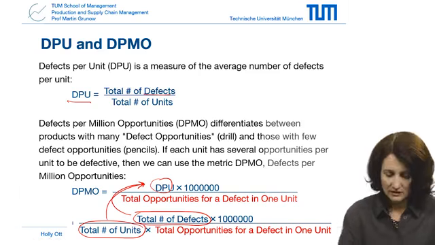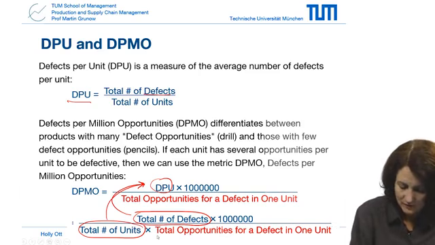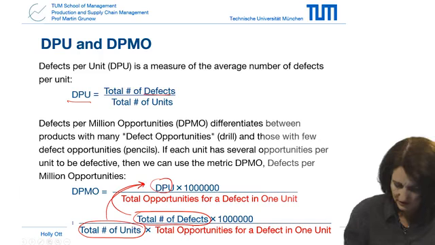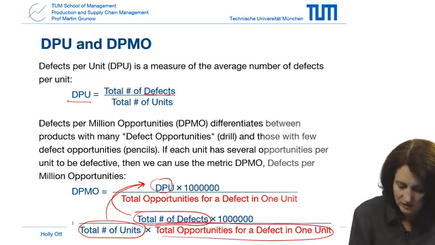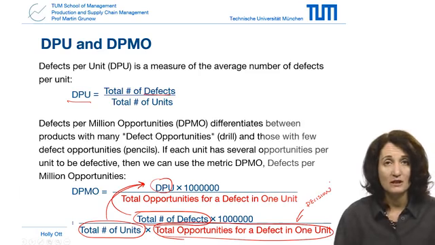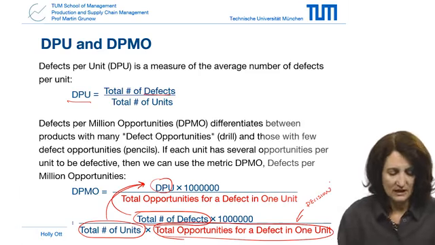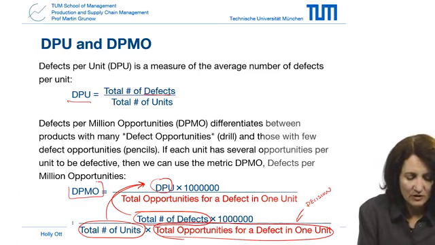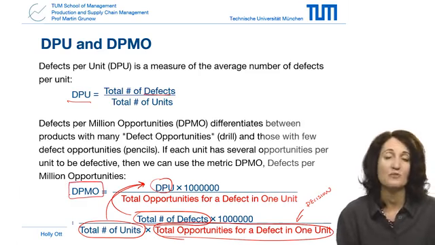So clearly, between pencils and drills, this number will change. This is the decision here. If you think your drill has more opportunities, then this DPMO number will be reduced compared to pencils.